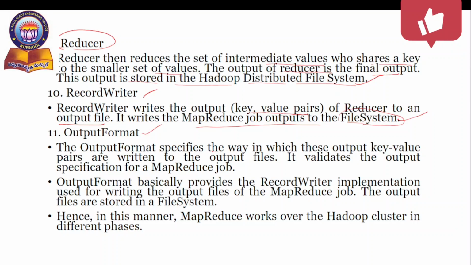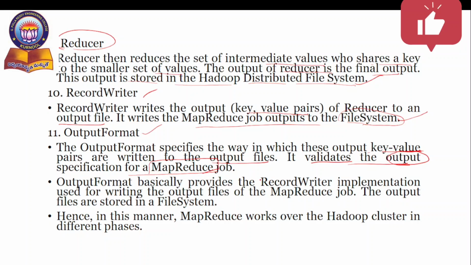The output format specifies the way in which these output key comma value pairs are written to the output files. It validates the output specification for a MapReduce job. That is, the specification that has been given before the job was assigned will be validated against the output generated by the reducer.